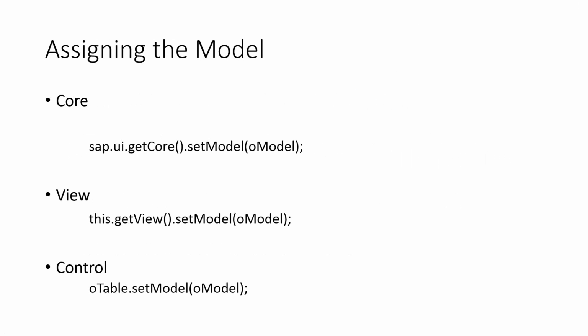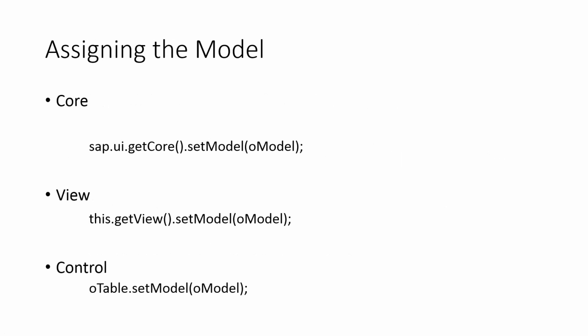Now, for the data to be accessible to a particular control, I can pass it in three ways. One is to get the reference of the core and set the model to the core. The syntax is sap.ui.getCore, and setModel is the method using which we set the model.